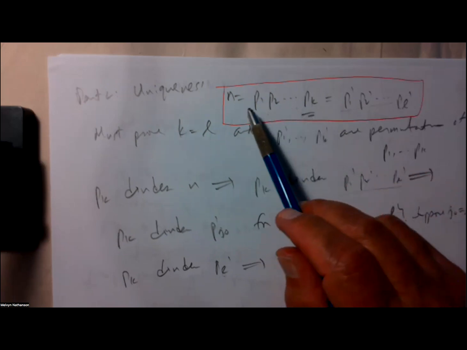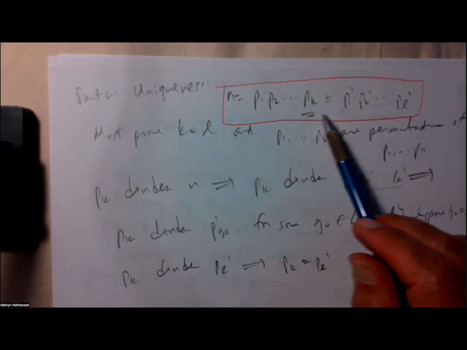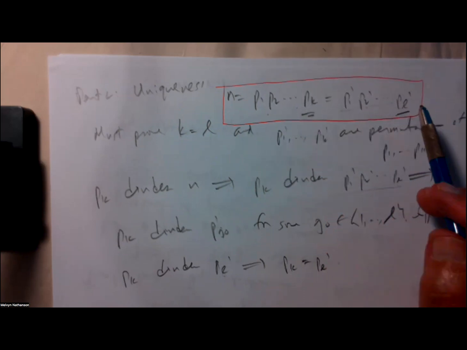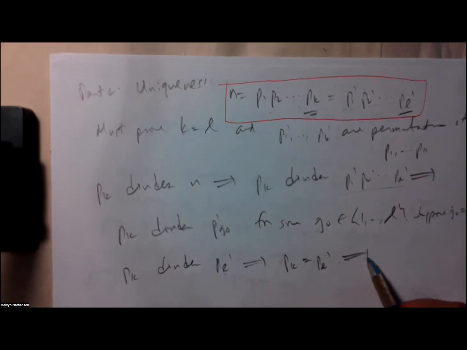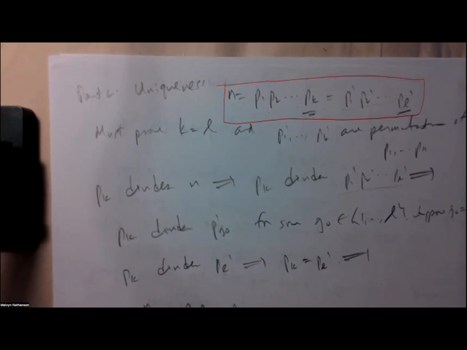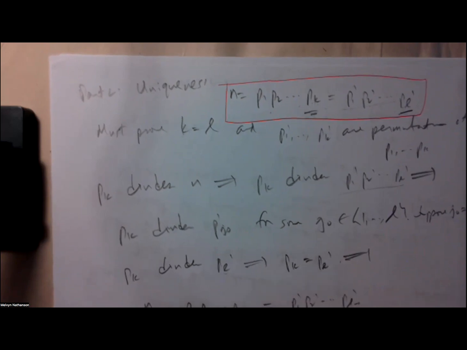So if I have this factorization, this prime must be one of these. I'll just assume by rearranging it's the largest one. So if this number equals this number, n divided by p sub k is the product of p1, p2 up to p sub k minus 1, which is also p1 prime, p2 prime up to p sub l minus 1 prime.